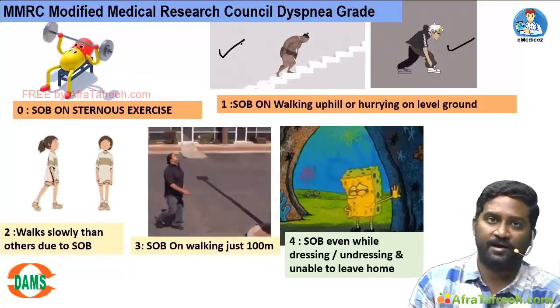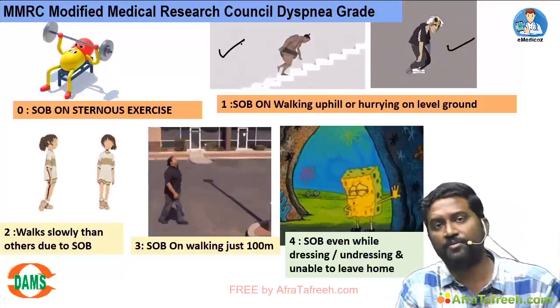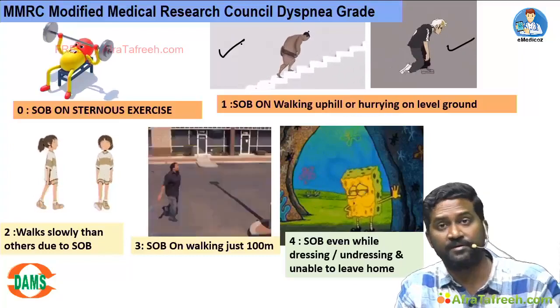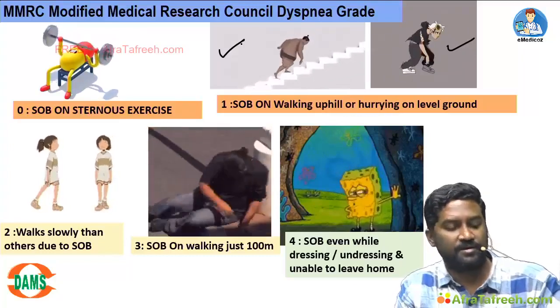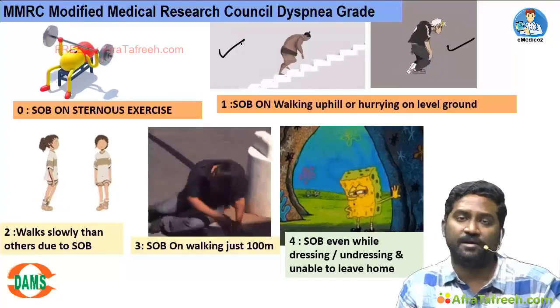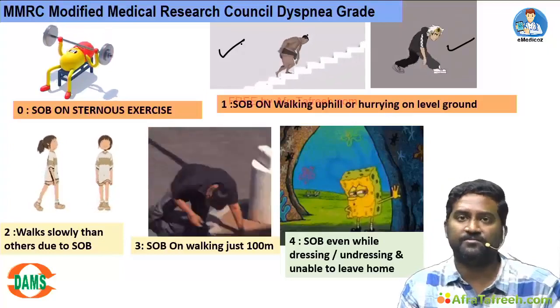Now whenever I discuss treatment of COPD, what is the most important intervention in management of COPD? Yes, your answer should be smoking cessation. What is the reason behind that? What exactly is responsible for COPD? Smoking.